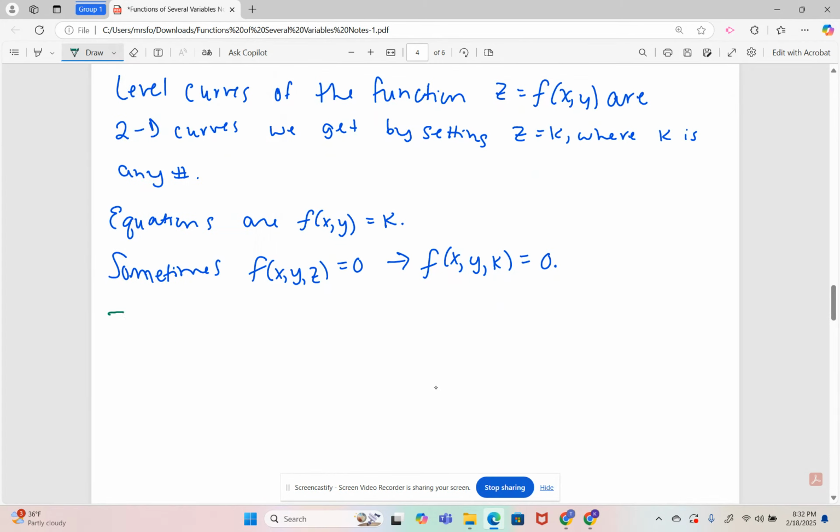Okay, let's identify the level curves of f of xy equals the square root of x squared plus y squared. First of all, let's think about what this is going to look like.